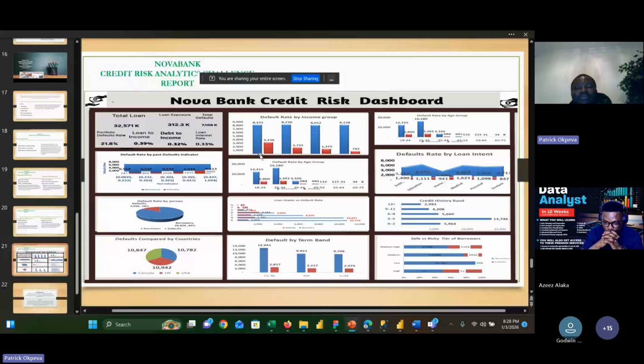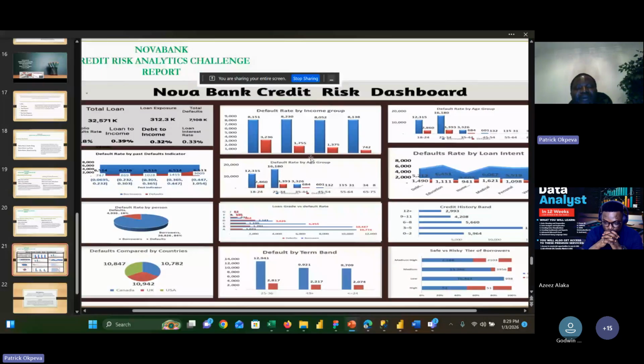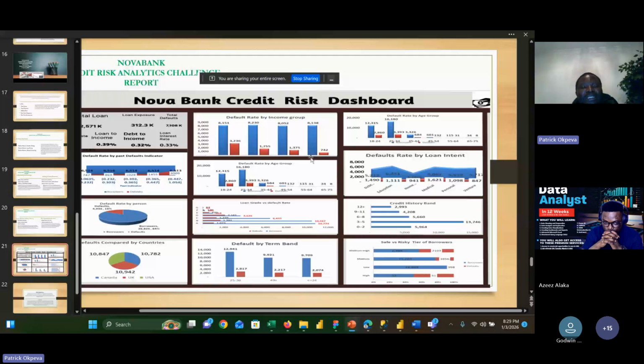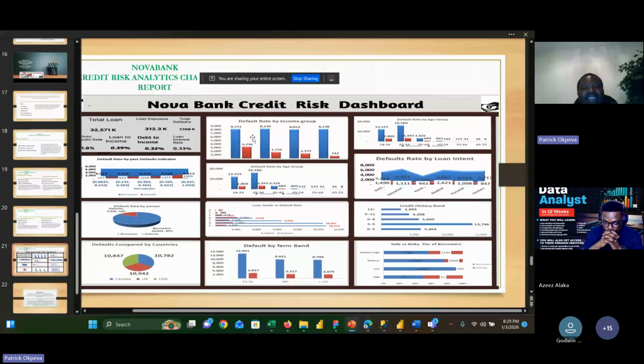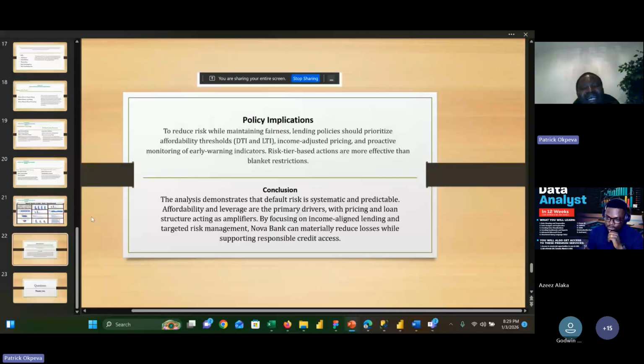This is another major area. What determines the ability of somebody to secure a loan from any organization depends on your income, age as well, and past default rates is also one of the factors that need to be considered.